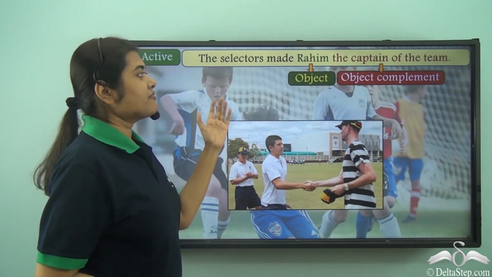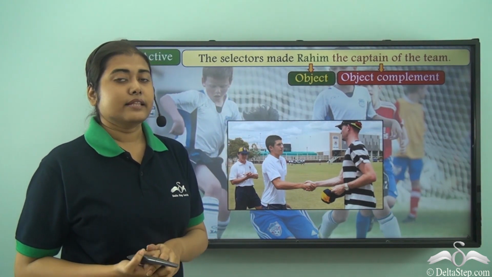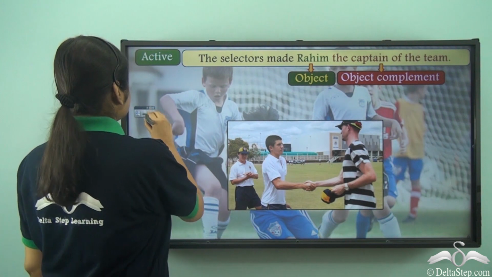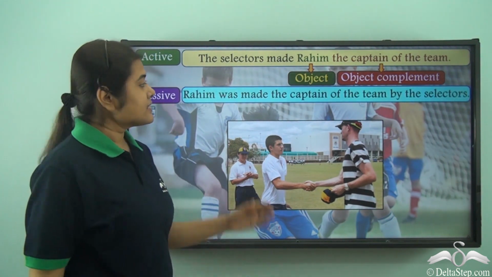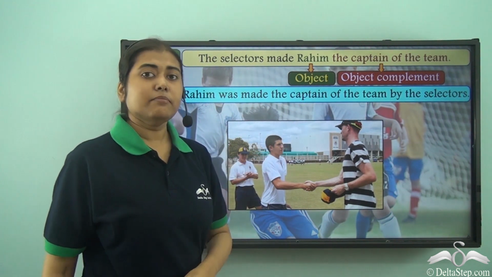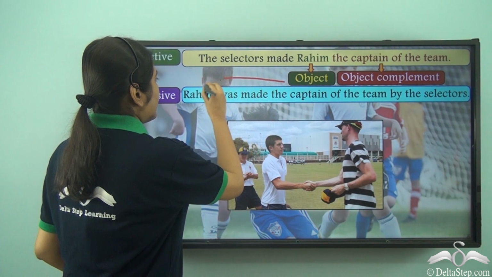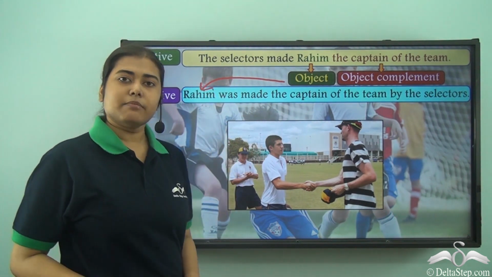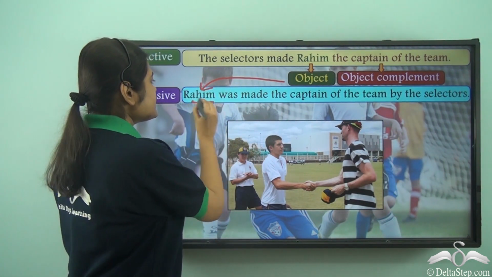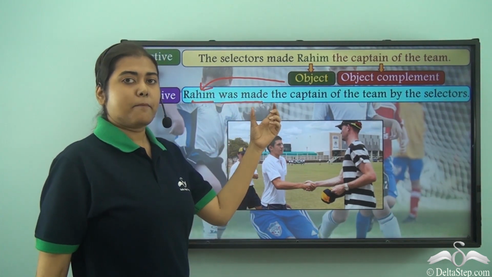Now, if we have to change this sentence into the passive form, then how do we write it? We write it as Rahim was made the captain of the team by the selectors. So in this case, our object becomes the subject. So Rahim is the subject followed by the verb was made.